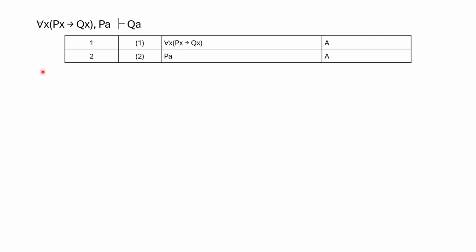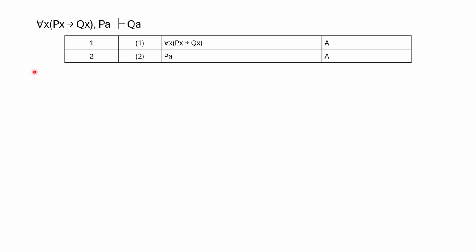So based on what we've got here, we've got a universally quantified statement, and we have a P predicate with an A constant. And so we're trying to get to QA here.